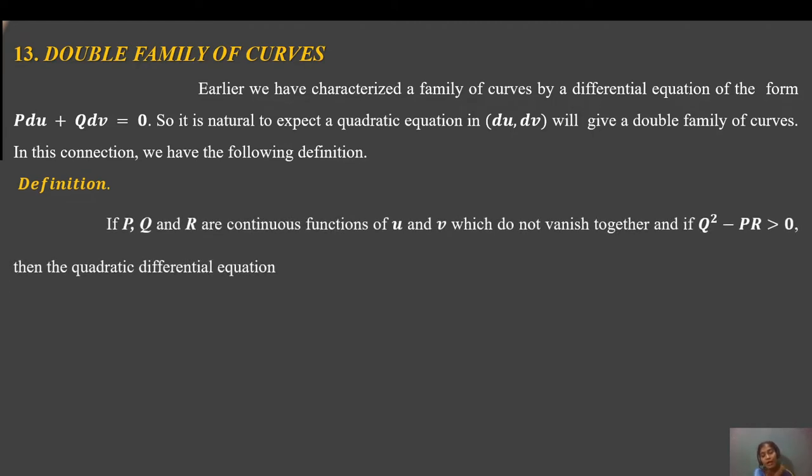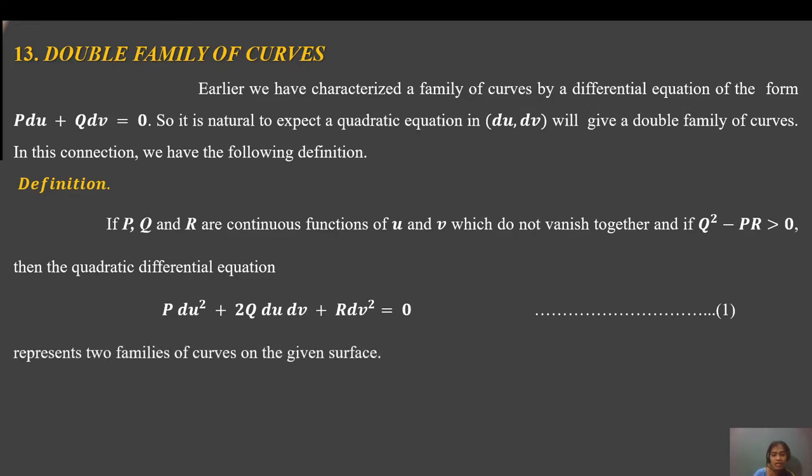If P, Q and R are continuous functions of u and v which do not vanish together, and if the condition Q square minus PR is greater than 0 is given, then the quadratic differential equation P du square plus 2Q du dv plus R dv square equals 0 is generated. This is equation first.